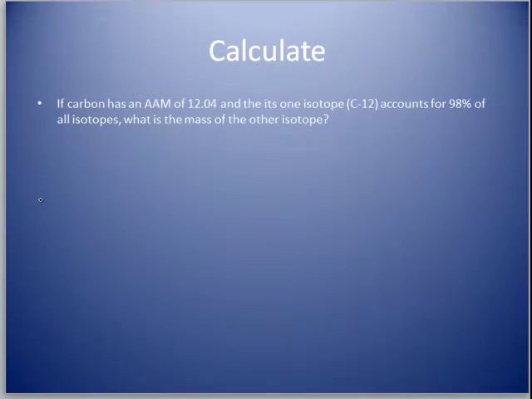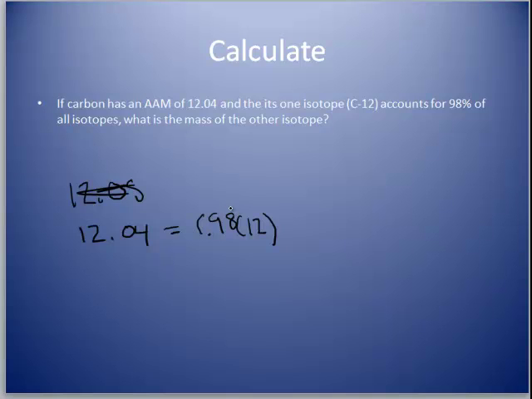Alright, this is another way of doing these problems. It says if carbon has an average atomic mass of 12.04 and one isotope is carbon-12, so right away we know the mass is 12, and that accounts for 98% of the isotopes, so we'll put that as 0.98.